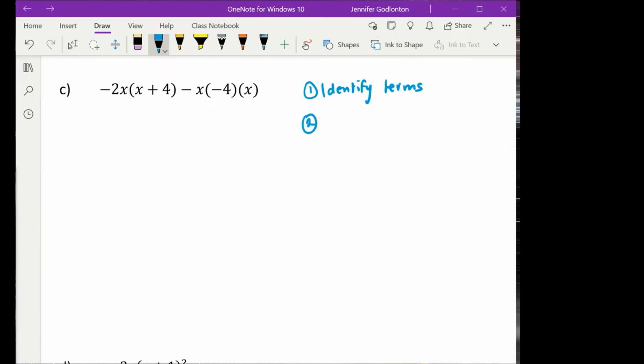Simplify each term. And then add or subtract like terms. Okay. Identify terms, simplify each term, add or subtract like terms.